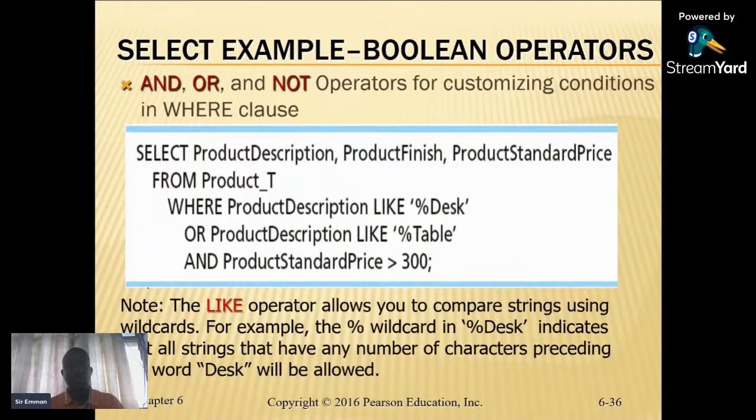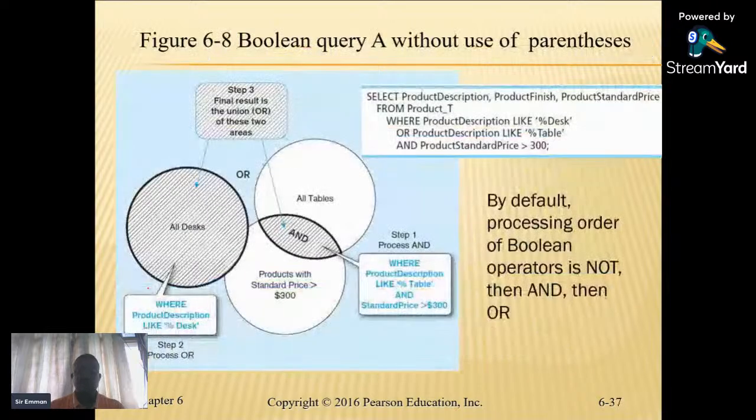And then we have a select example of Boolean operators AND and OR. So select product description, product finish, product standard price from product, where the product description is like the wildcard, the percentage sign, desk, or table, so here we are comparing either this or that, and including prices that are greater than 300.